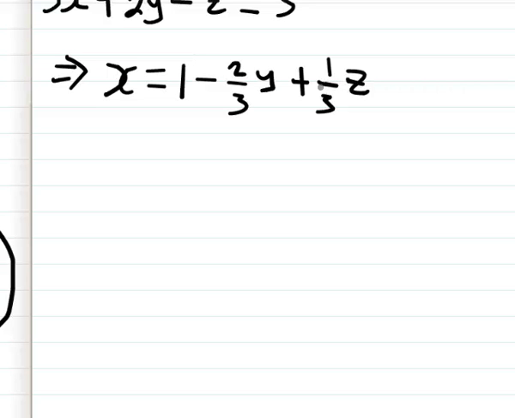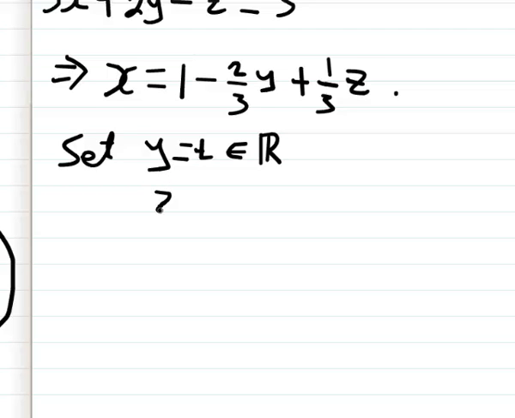Okay, make sure the arithmetic is good enough. Okay, so why don't we now set our y to be equal to t? Again, we emphasize that t has to be a real number, and set our z, and I always write z that way so it doesn't look like 2, to be s, that's also a real number.